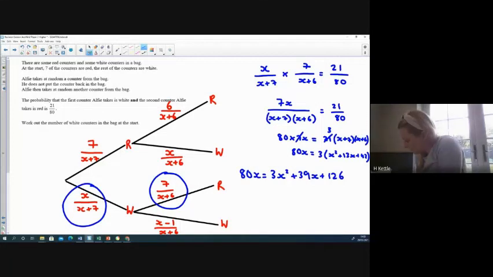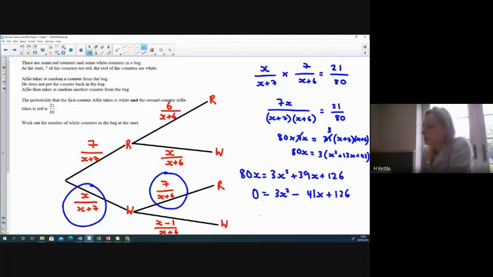So 39 minus 80 gets us down to minus 41. So 0 equals 3x squared minus 41x, add 126. I was really hoping that would divide by 3, but I don't think it does. So I'm just going to use the quadratic formula here.